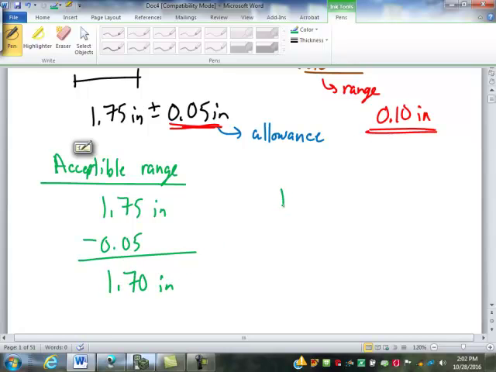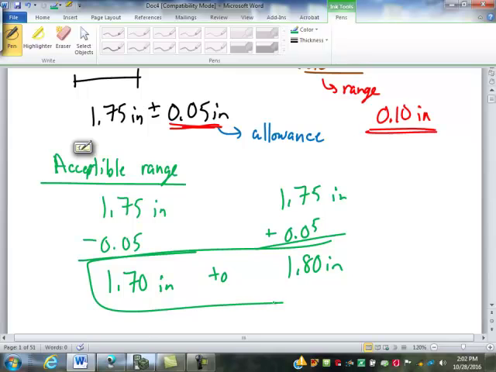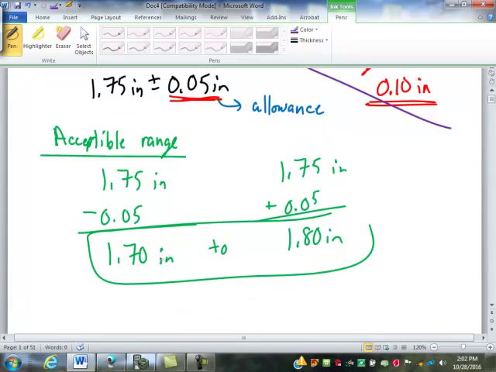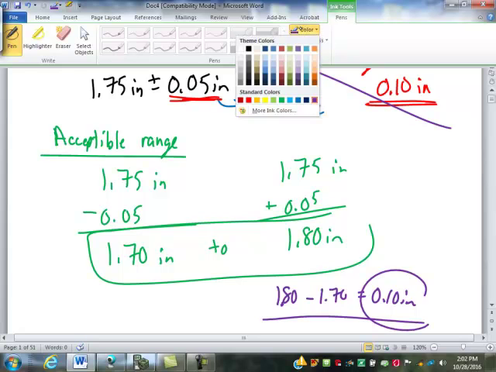To get the upper end, we take our measurement of 1.75 plus the 0.05, so we get 1.80 inches on the top end. So we get that range, and you can see here the tolerance is just the difference between the upper end and the lower end. So we get that 1/10 of an inch tolerance.